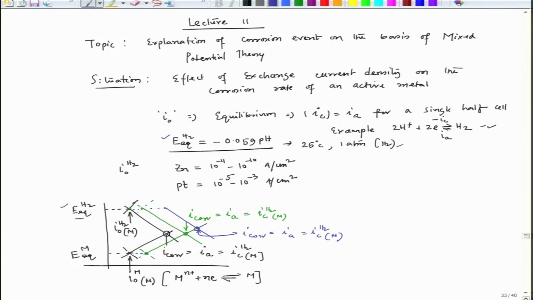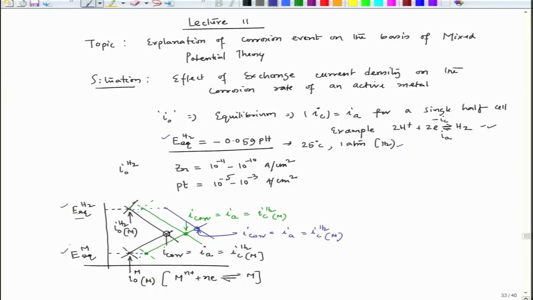And here also, if the metal ion concentration remains fixed, this particular equilibrium potential of that metal will not change, because E equilibrium of the metal equals E0 M plus n plus nF by 2 nRT by nF ln of M plus n.